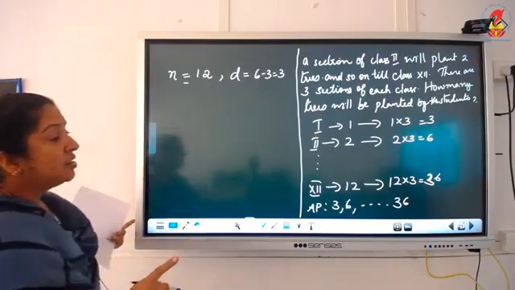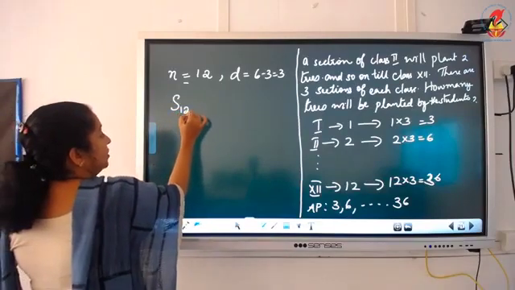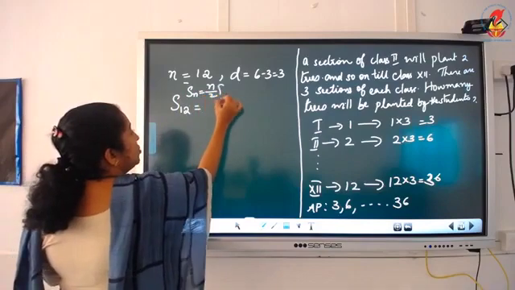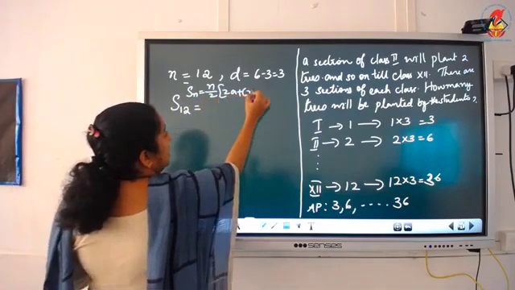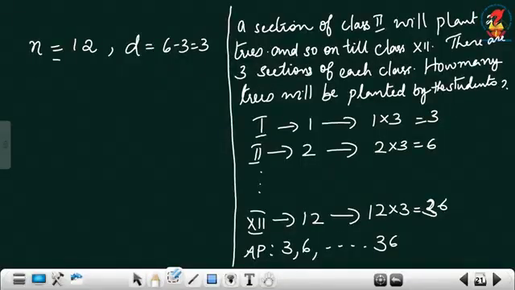We have to find the total number of trees planted. That means S12. So Sn is equal to n by 2 into 2a plus n minus 1 into d. Here it is better to use the other formula.